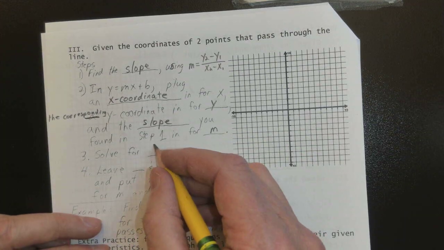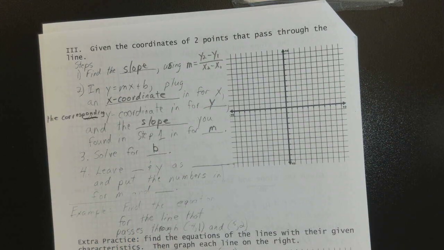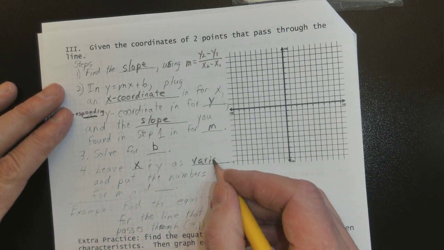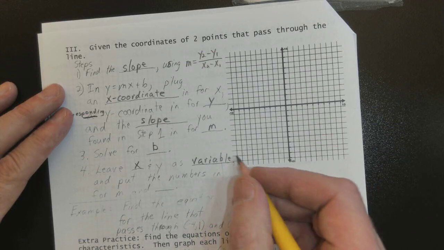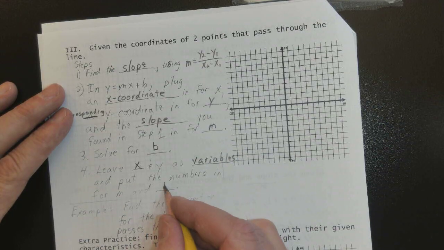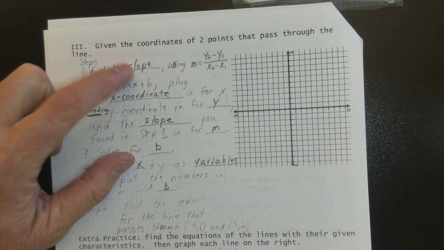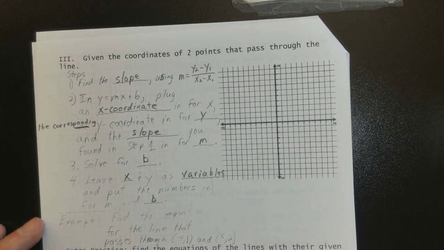Once again, we're back to kind of where we were. We're going to solve for b. Okay, leave x and y as variables. And put the numbers in for m and b. All right, so this just has one extra step that we actually have to find the slope first. Is that clear?